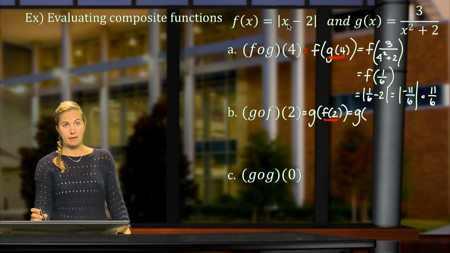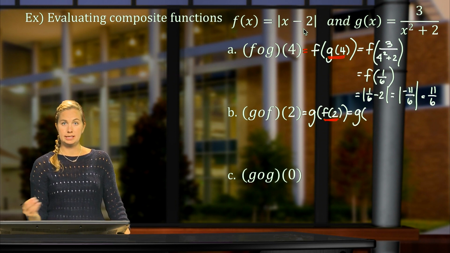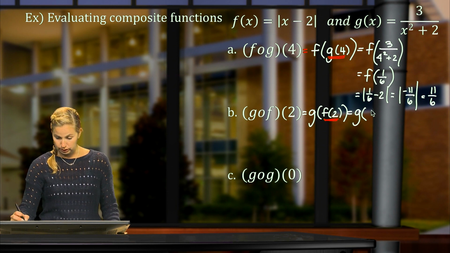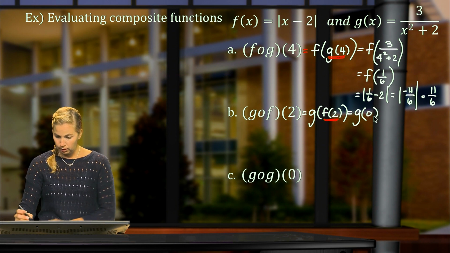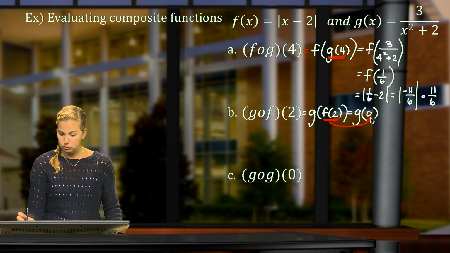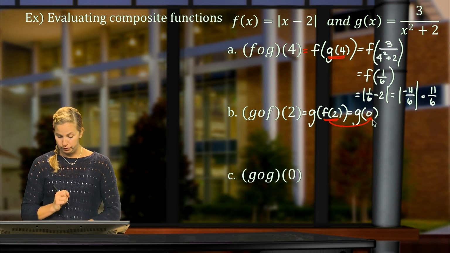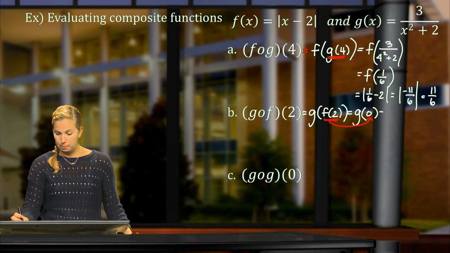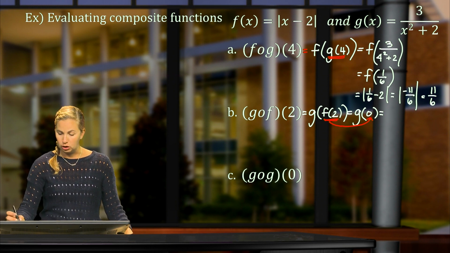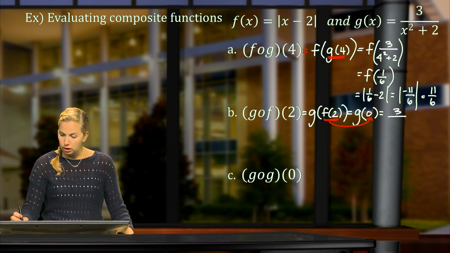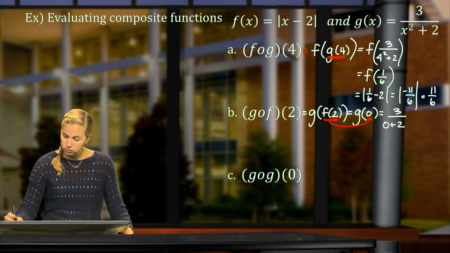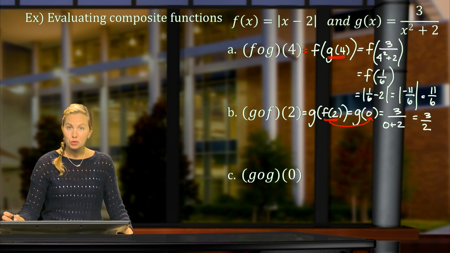Plugging 2 into f of x, 2 minus 2 is 0, and the absolute value of 0 is 0. So f of 2 was replaced with that value of 0. And now we're just finding g of 0. So plugging that in, 3 over 0 squared plus 2 equals 3 over 2.